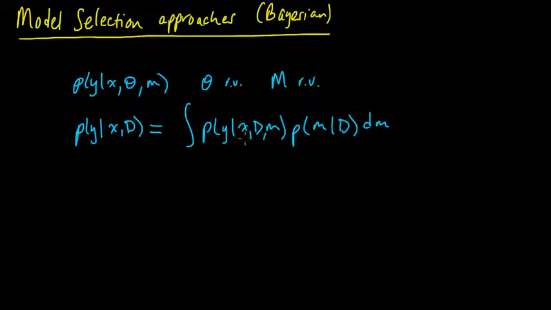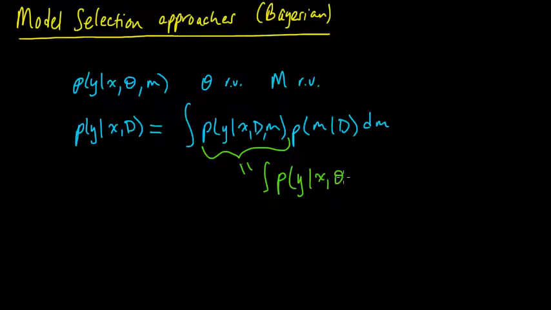So now, this looks a lot like before when we just integrated. We had this similar sort of thing with theta instead of m. So what's the difference? Well, the difference is this part has already marginalized out theta, right? Let's write that out. This factor equals the integral over theta of the probability of y given x, theta, times the probability of theta given x, the data, and the model.